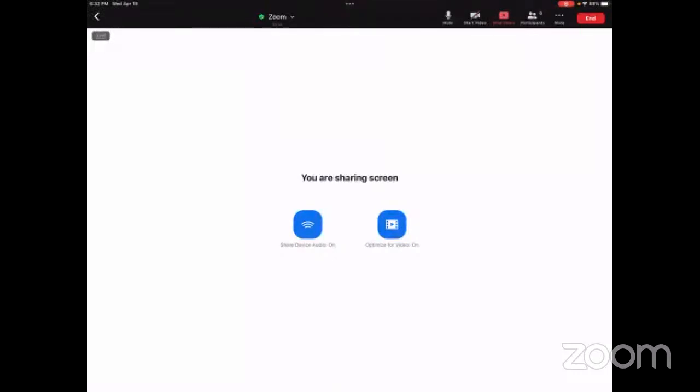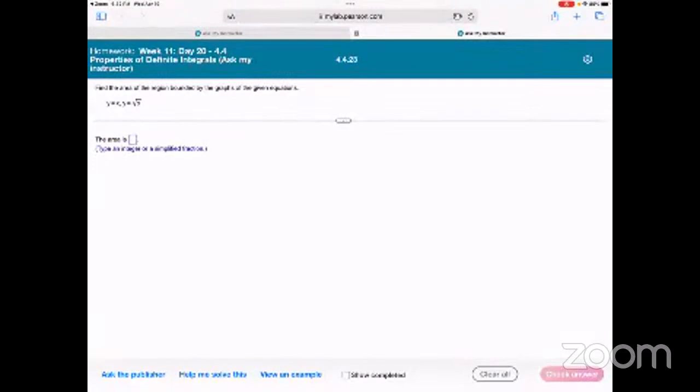Let's work on this first one. Share the tablet. Okay, so this first question we have at least a set of 2. It says find the area of the region bound by the graphs of the given equations, right? So we have y equals x, and then we have square root of x.